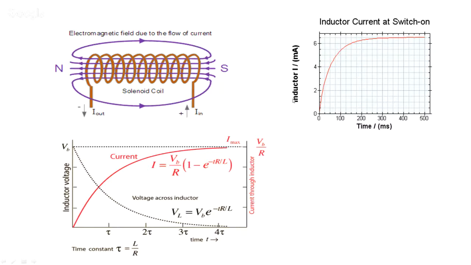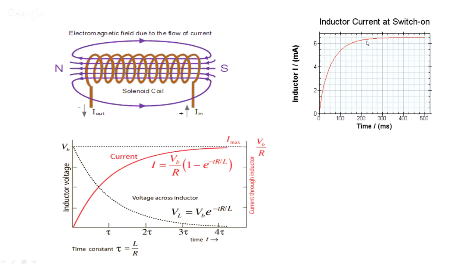We can understand the functioning of an inductor through this graph here. You can see we have plotted current versus time. As the time increases, the current goes on increasing in the coil, and thereby the magnetic field also goes on expanding around the coil.